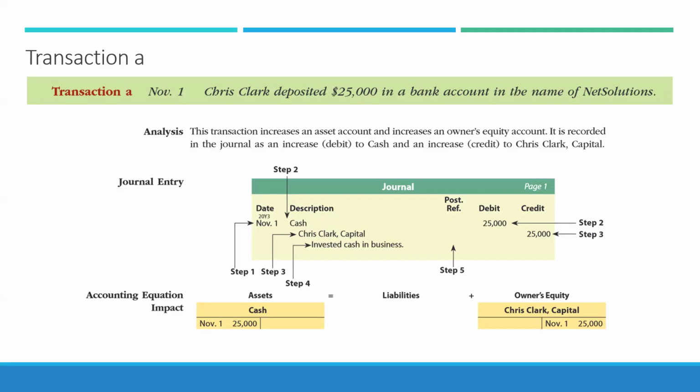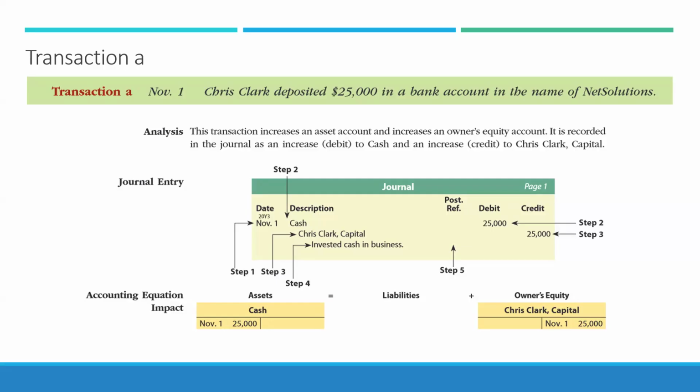In the journal entry we recorded last week, we showed the date it happened. We showed what happened. He deposited $25,000 in a bank. What's one account being affected? Cash. Cash went up. So we always show the debits first, or the things on the left-hand side first. Since cash went up, we show cash debited $25,000.